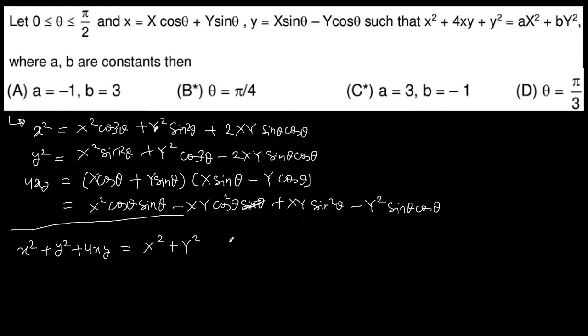And from here you are getting plus X square minus Y square sin theta cos theta plus capital X capital Y sin square theta minus cos square theta.